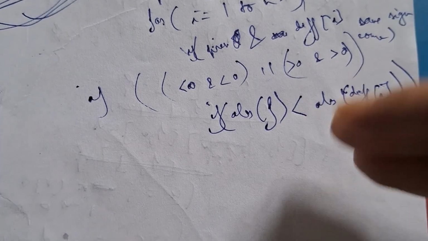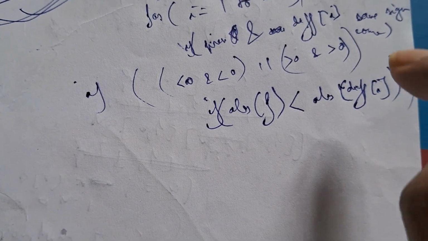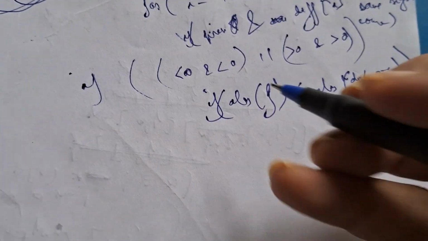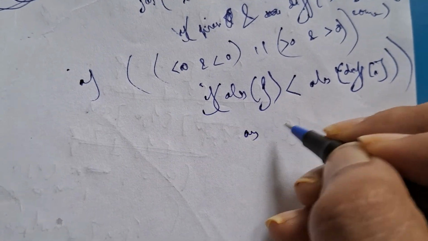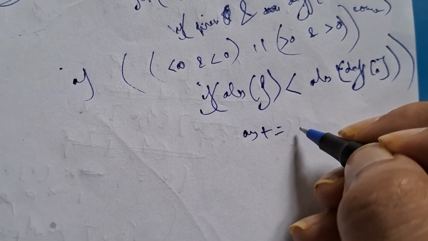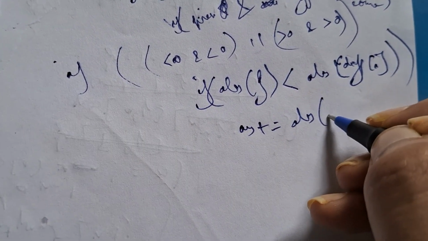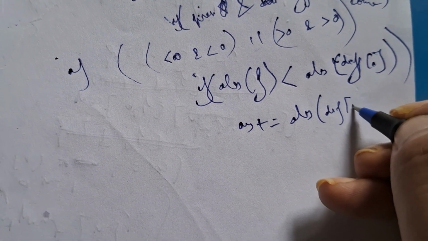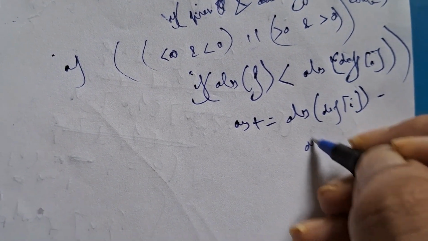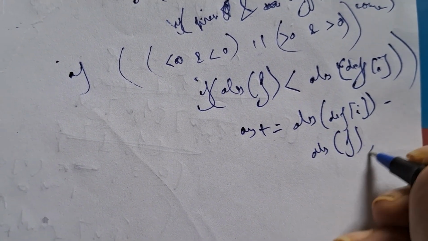So how many more operations do you have to apply? This minus f, right? So answer plus is equal to absolute of diff I minus absolute of f.